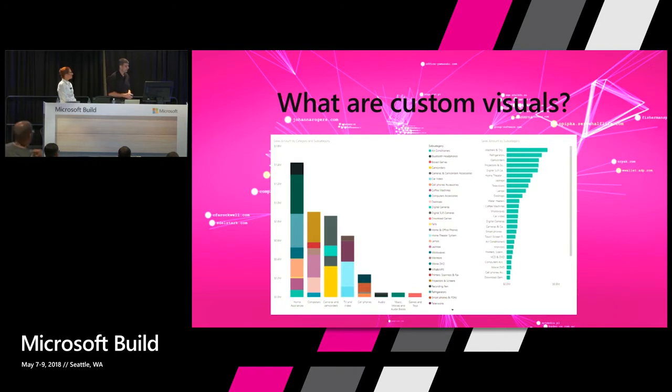So imagine you have a report in Power BI, and you have the sales in a certain store. And you have categories and subcategories. So you can show it in the regular bar chart, but it's pretty hard to understand and get insights from it.